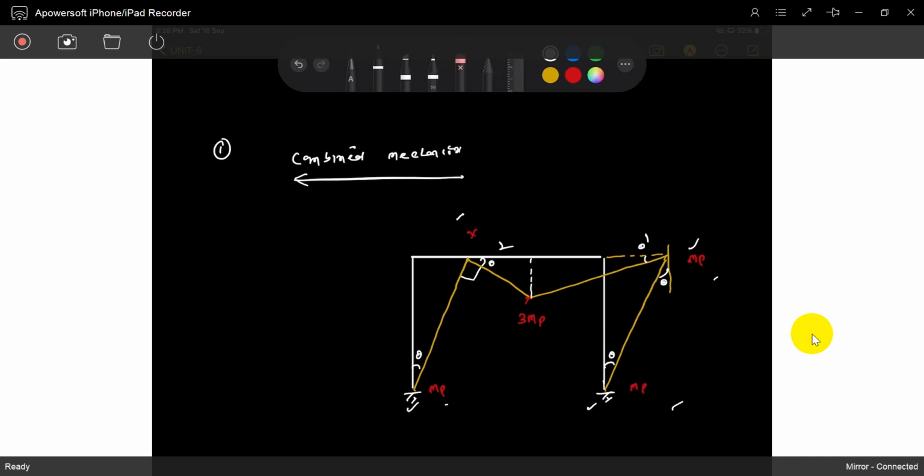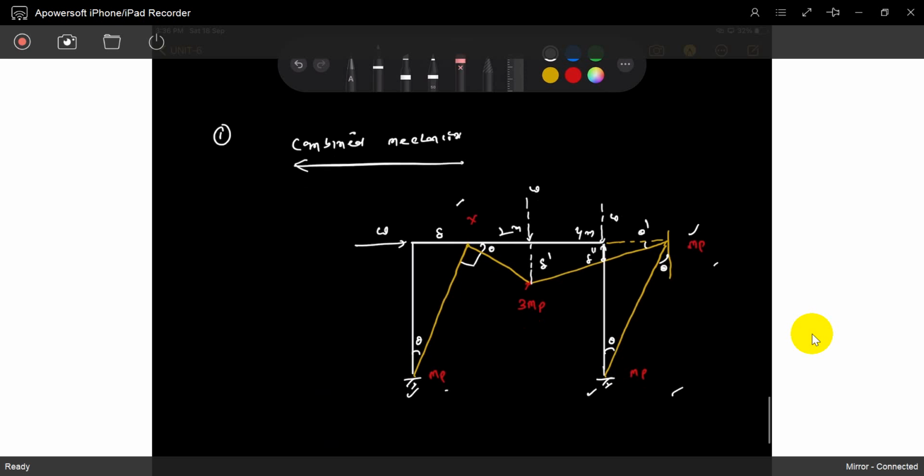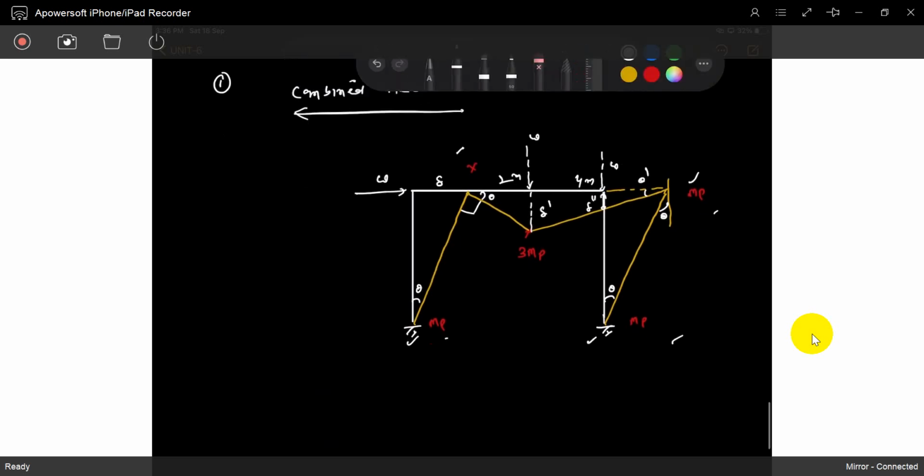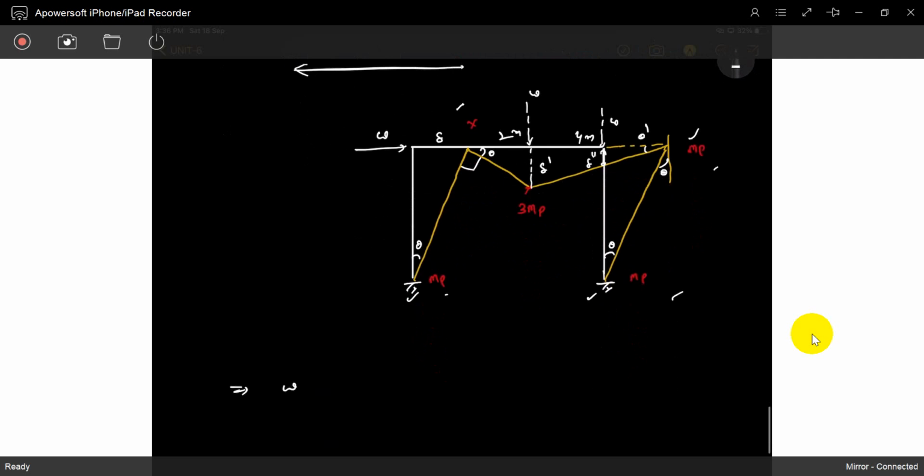Now you can see this is 4 meters. I will write this as delta, this as delta dash. This is W, and here also some W is acting. This is delta double dash. Now we can write out the external work done: W delta, W delta dash, W delta double dash.